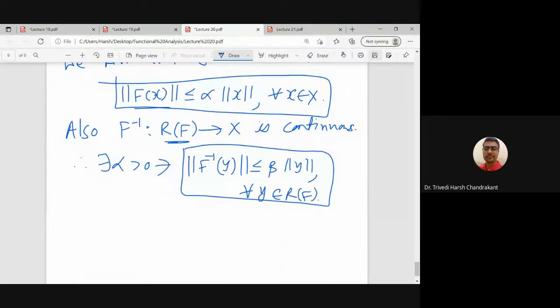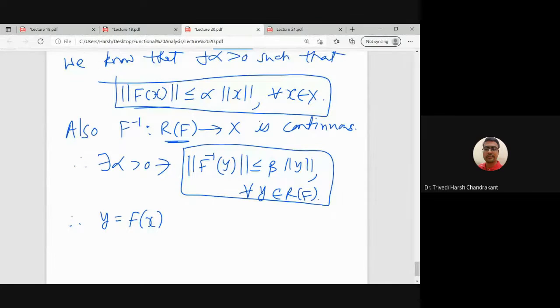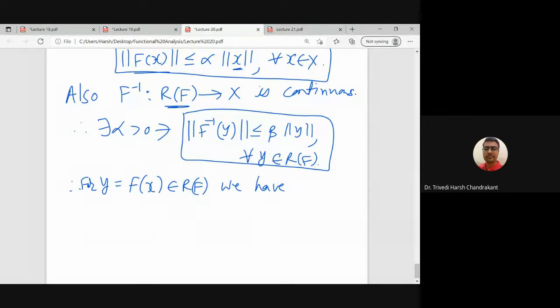Now, if we substitute, we know that y is in the range of f. Therefore, let us take y equals fx, the same x, where f of x is an element of Y. So for y equals f of x in the range of f, we substitute y equals fx, and then we get norm of f inverse of fx, that is norm of x, less than or equal to beta times norm of y.